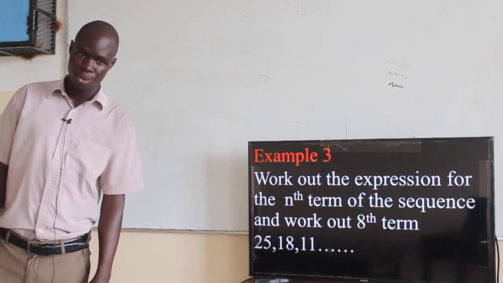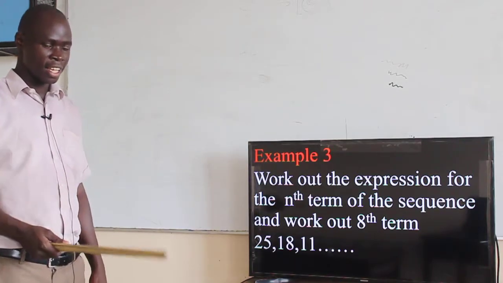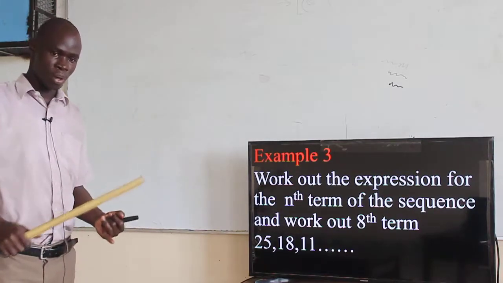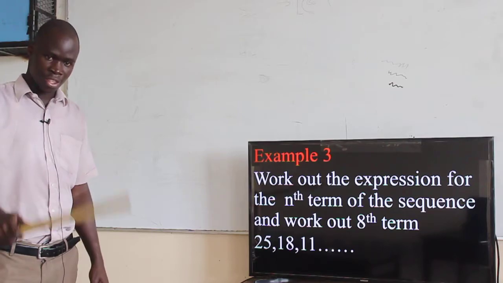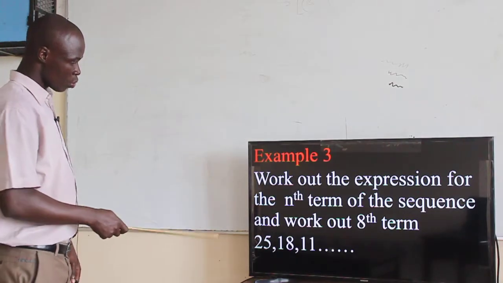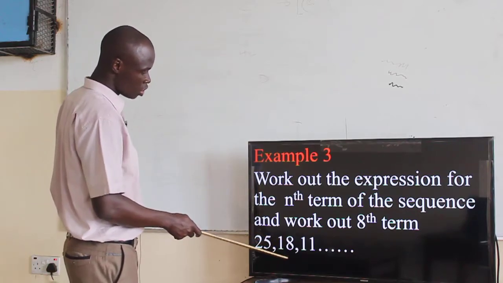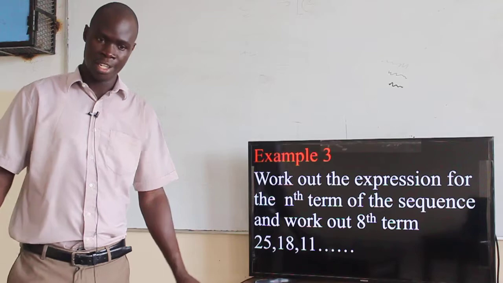Number 3, work out the expression of the n value, and you are supposed to calculate the 8th term. In other words, you are supposed to have the first term, second term, third term, and 8th term in your table. Now you look at these values. We are moving from 25 to 18 to 11, so these values are decreasing.